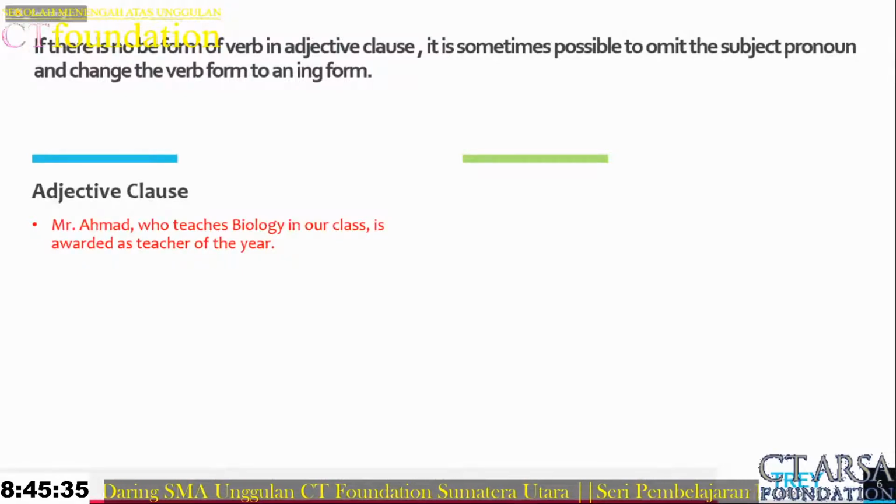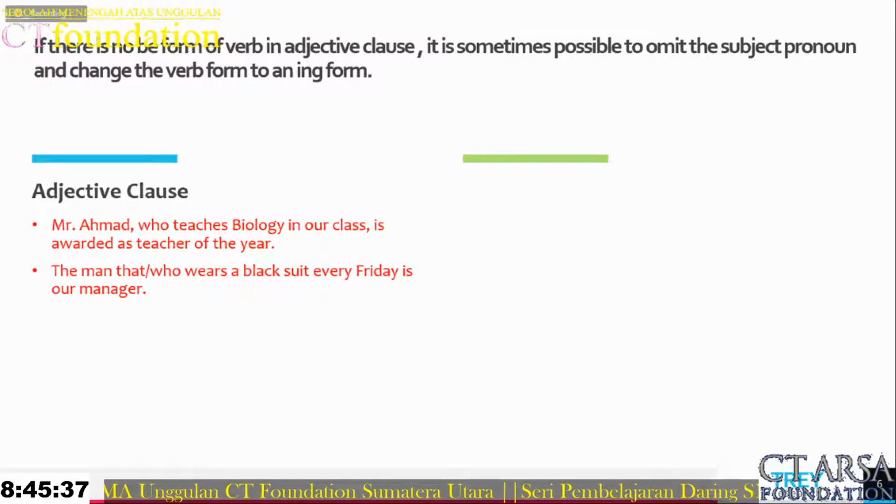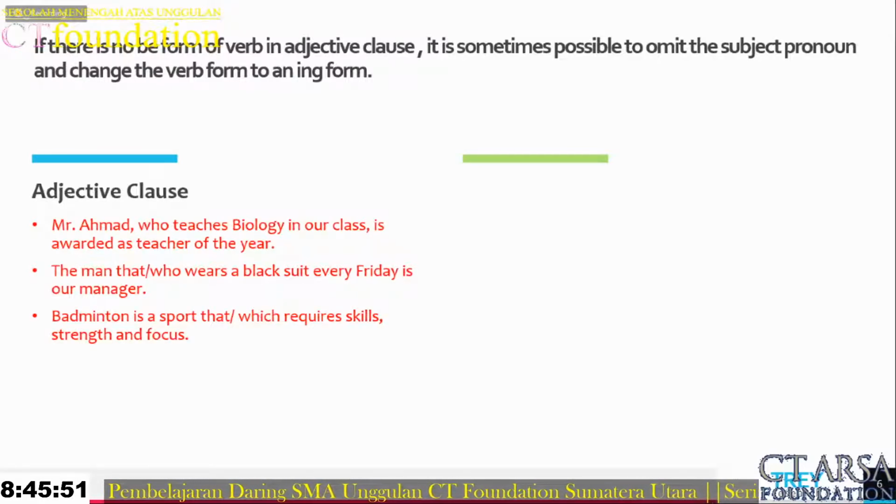Number 2: the man who wears a black suit every Friday is our manager. Number 3: badminton is a sport that, or which, requires skills, strength, and focus. This is an adjective clause. Now, how do we change it into an adjective phrase?